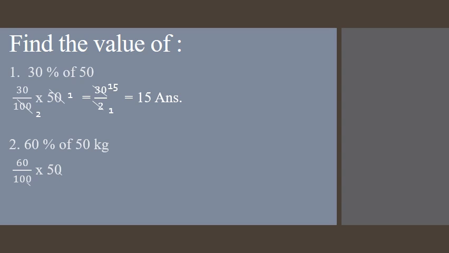Right? So 50 divided by 50 in the numerator is equal to 1 and 100 divided by 50 in the denominator is equal to 2. So what will come? 60 upon 2. Now again children, we can divide 60 in the numerator and 2 in the denominator by the common number 2. So 60 divided by 2 is equal to 30 and 2 divided by 2 is equal to 1. So our answer is 30 kg, right?